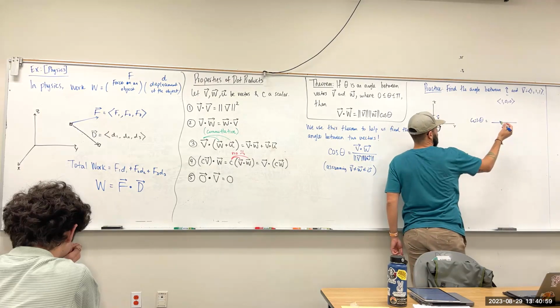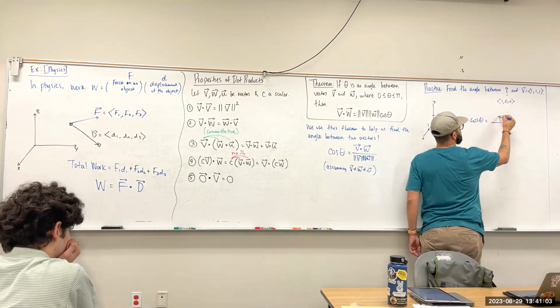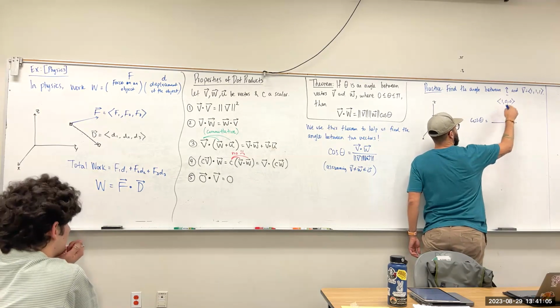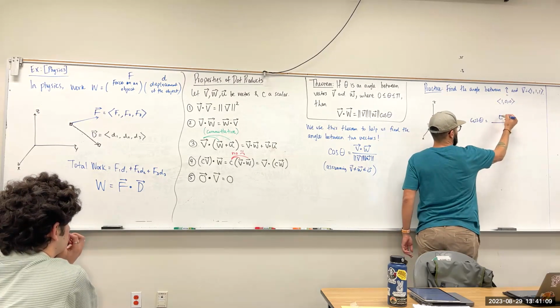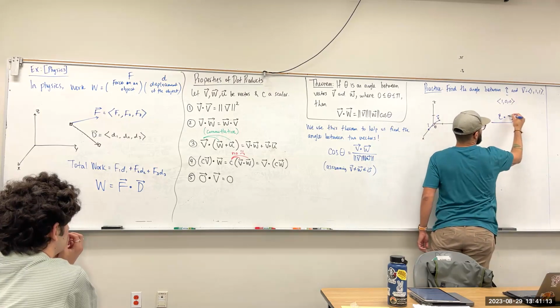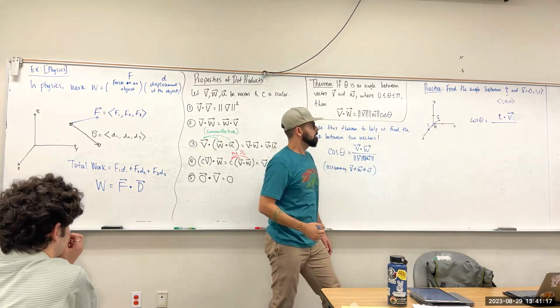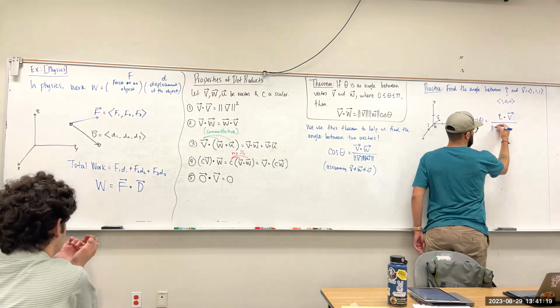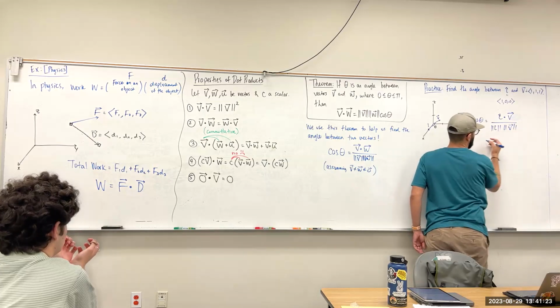What did you do to get that one? Multiply 1 0 0 by 1 1 1. You bring the dot product, good, I dot V. And then on the bottom, you multiply by their magnitudes, the magnitude of this one and the magnitude of this one.